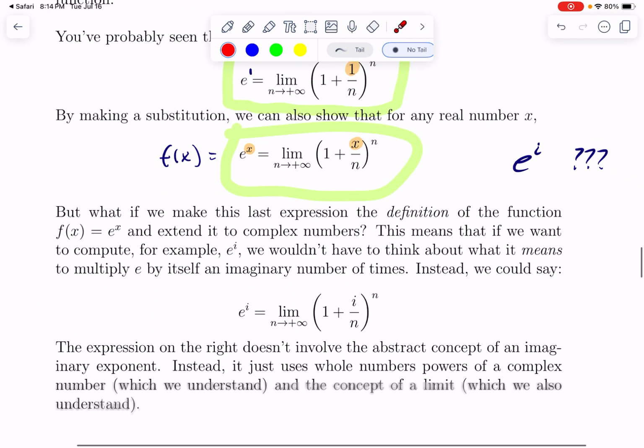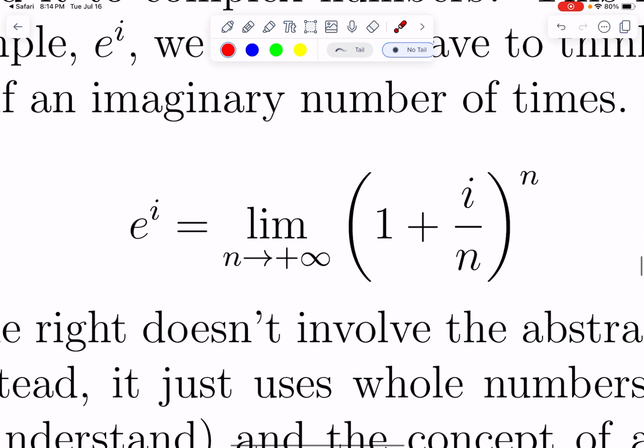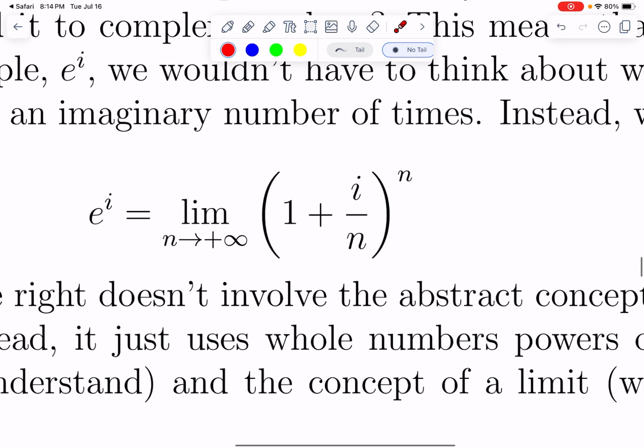So by definition, we'll say e to the i power actually means do this computation and run a limit. And what's so great about this, if we look at this computation, what are we doing? Addition, division, an exponent that is a whole number. Here we can assume that n is an integer.